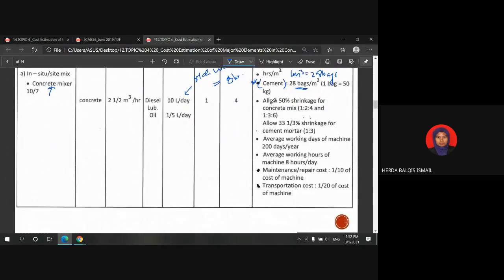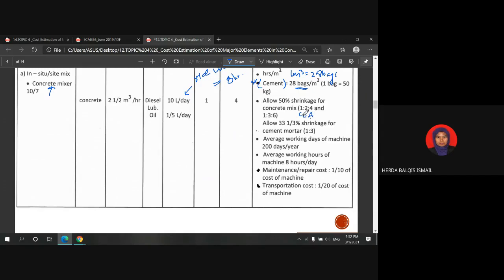So the concrete mix in general has a few types. Here are stated two types of concrete mix, which are 1 to 2 to 4 and 1 to 3 to 6. You need to know what the 1 portion is for, what the 2 is for, and what the 4 is for. Basically, 1 portion is for cement, 2 portion is for sand, and 4 portion for the aggregate.